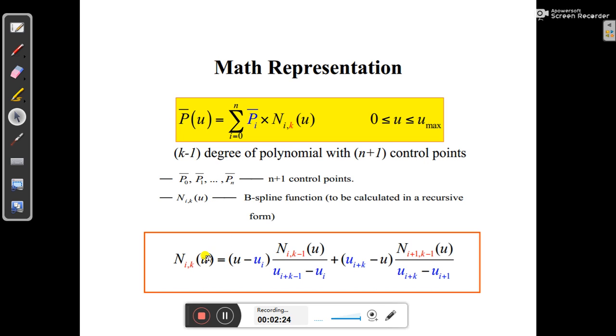This is the equation to find the value of the B-spline function. So here this is the equation, and this is also associated with the parametric variable u.